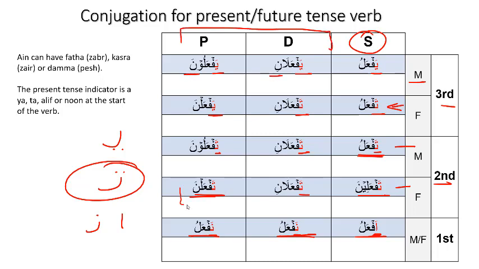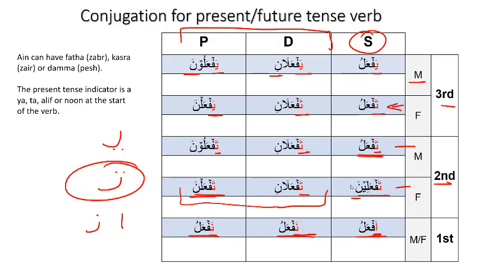So over here, notice that for all the duals and plurals, we have this noon at the end. Sometimes it has fatha, other cases it has kasra or zir. So you need to remember this. Also, the second person female has this noon fatha. So keep that in mind.